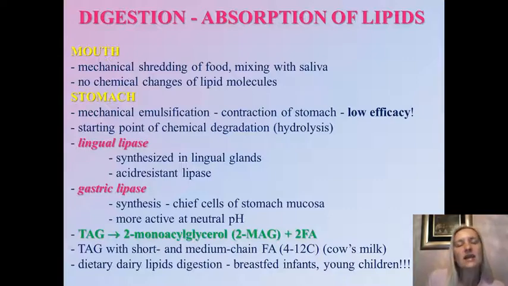At this stage of digestion, actually, 3-acylglycerols containing short and medium chain fatty acids are digested. Short and medium chain fatty acids, let me remind you, contain 4 to 12 carbon atoms, and a significant amount of these fatty acids are found in cow's milk.